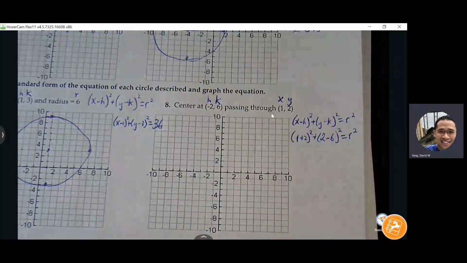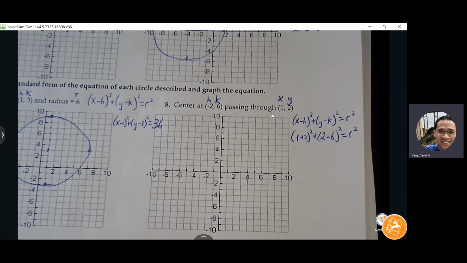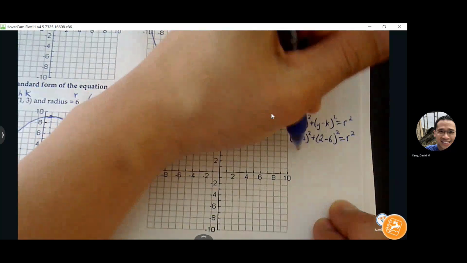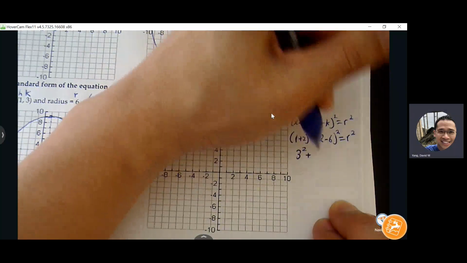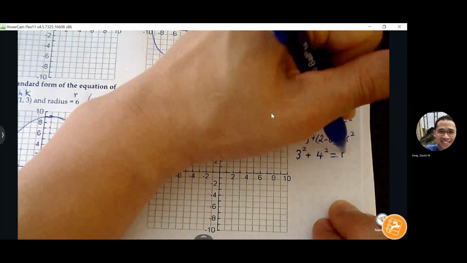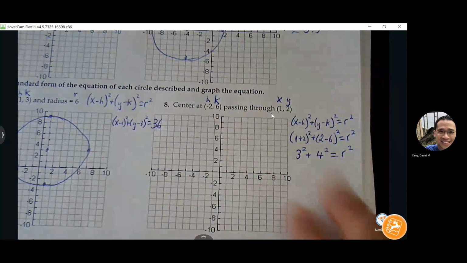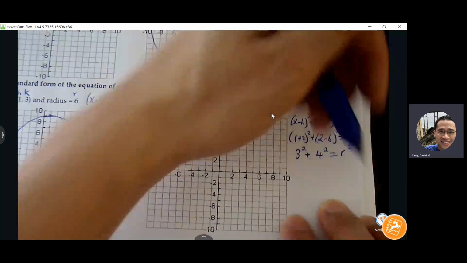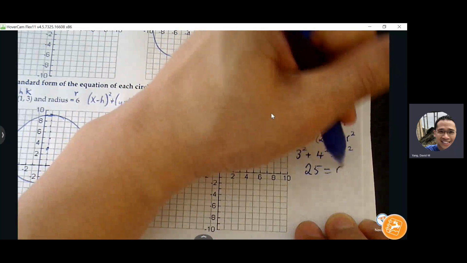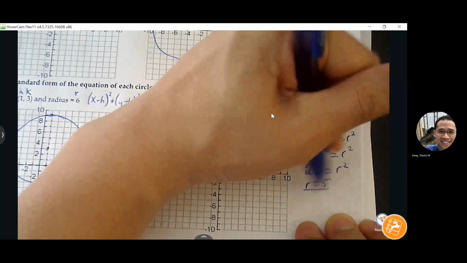So now we're just trying to solve for r. We don't know what r is. Once we get to r, it'll be more familiar. Okay, 9 plus 16 is 25. 25 is r squared, therefore r is 5.